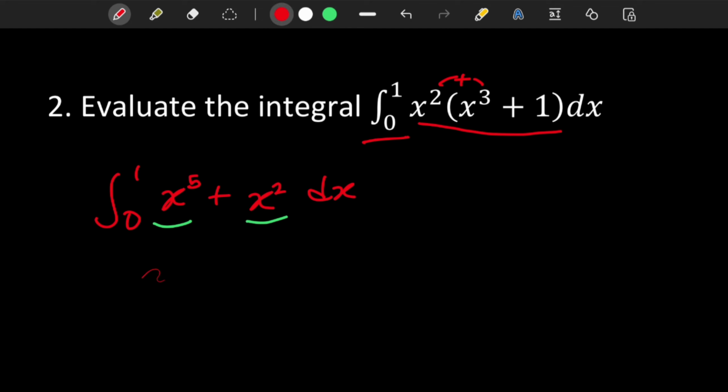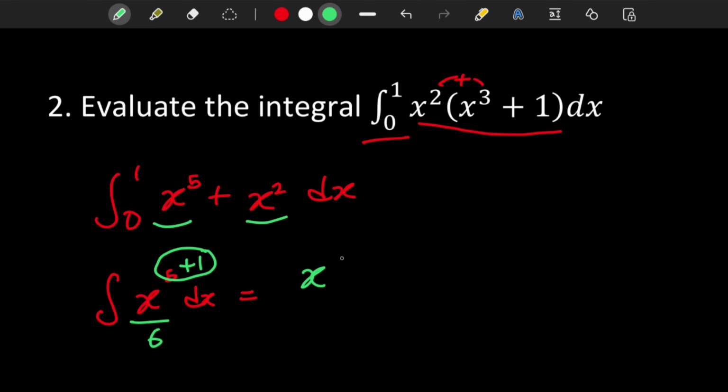So when you're integrating, if you have x and you have a power, let's say 5, dx, what you're going to do is add 1 to the power, then divide by this sum here and put the value there.